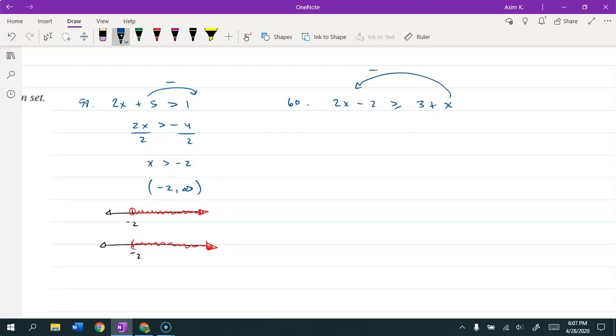One of the reasons why we do that is because the 2x is greater, the x is smaller. You want to move the smaller one over, right? Because that way you'll end up with a positive result, because greater minus smaller always gives you a positive number. And then you want to move the negative 2 over to the right side, like that, right? So 2x minus x gives you an x, and 3 plus 2 is going to give you a 5, like that.